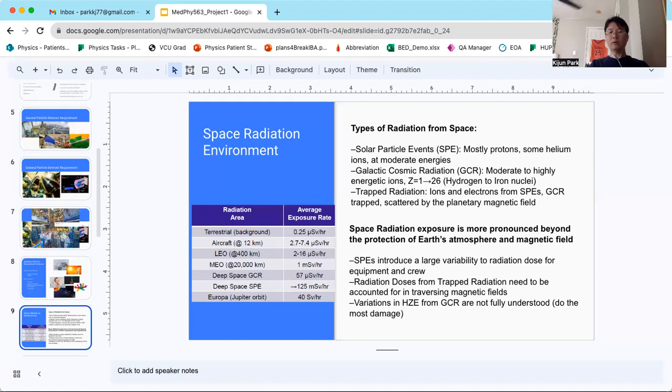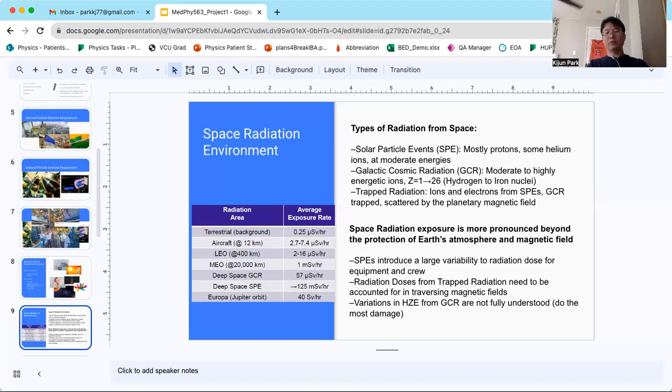It is also a moderately to highly energetic ion, but the ion species range from hydrogen to heavy nuclei. And the last one is the trapped radiation, which means the ions and electrons from the SPE and the GCR that are trapped and scattered by a planetary magnetic field, whether on Earth or on another planet.